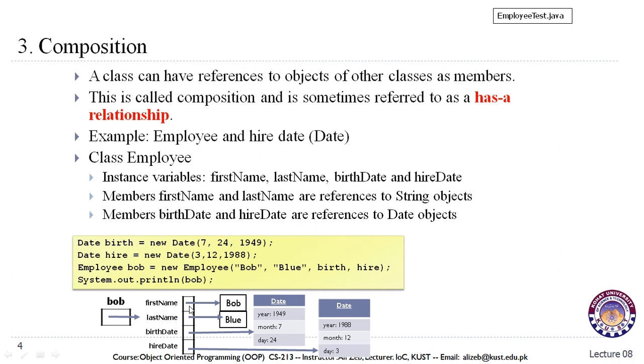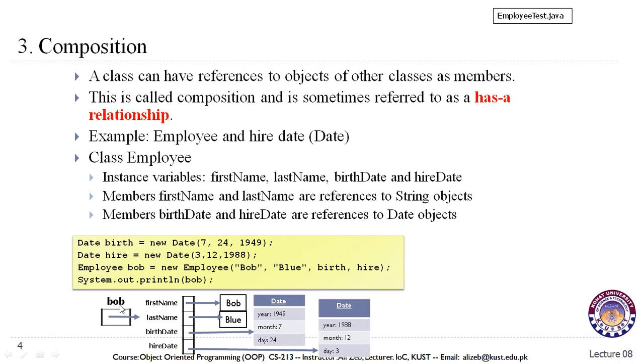So the first name and the last name instance variables get references to the string objects, as you can see over here. And the birth date and the hire date get references to the date objects. We have created objects of the date class, and then we are storing these objects as variables in the employee class.